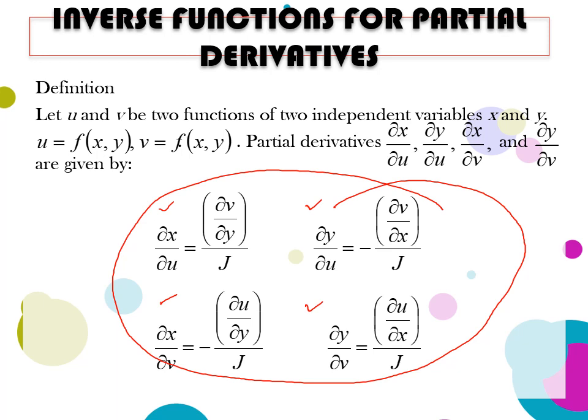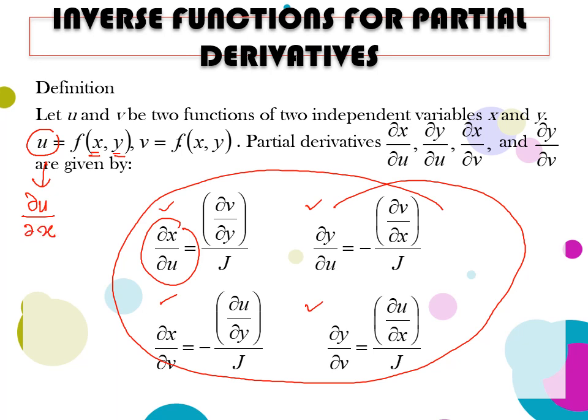This is counted as an inverse function because you have function u here which depends on x and y. If you differentiate your u partially with x, you should get del u del x.